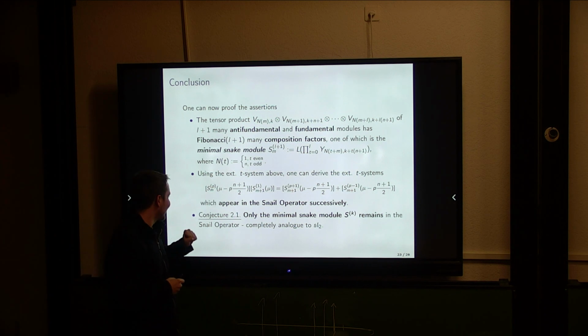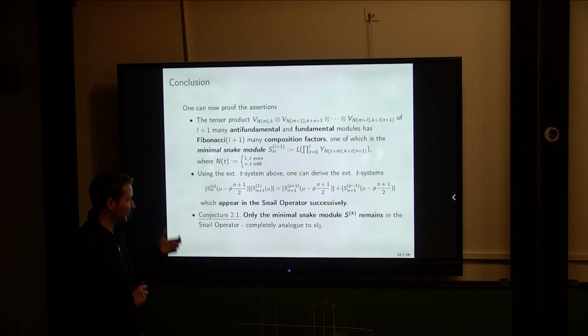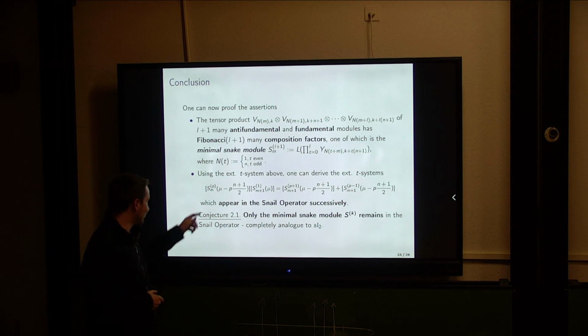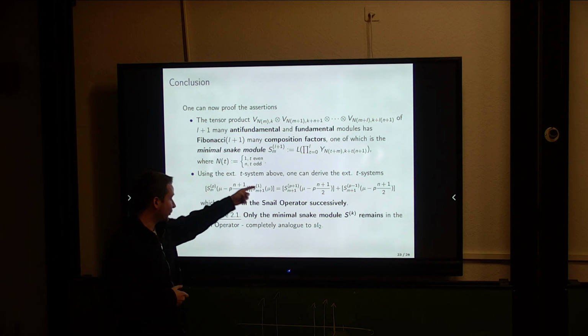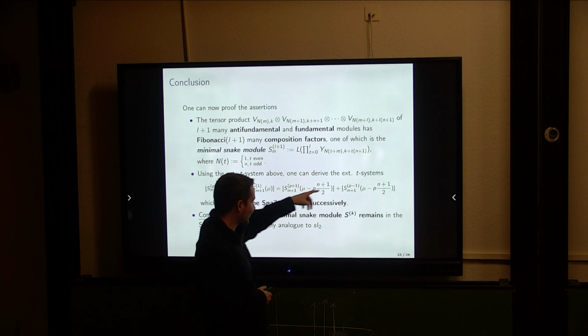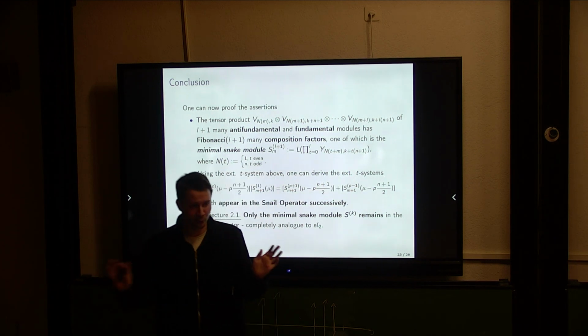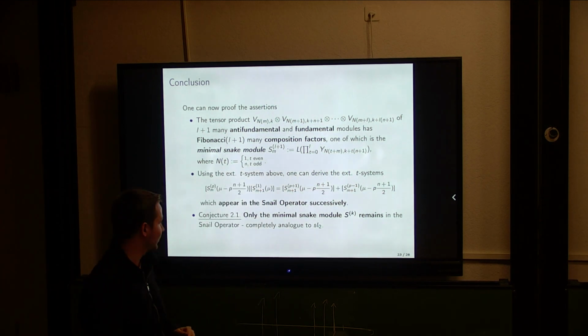To my snail. Okay, so we get these other extended T-systems that I can prove from the extended T-system that I showed you, which look like this. S_P times S_1 equals S_{P+1} plus S_{P-1}, completely analogous to the story for SL2.